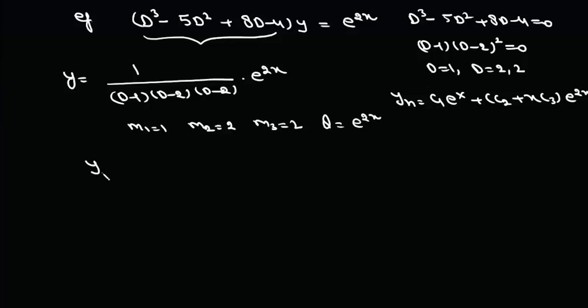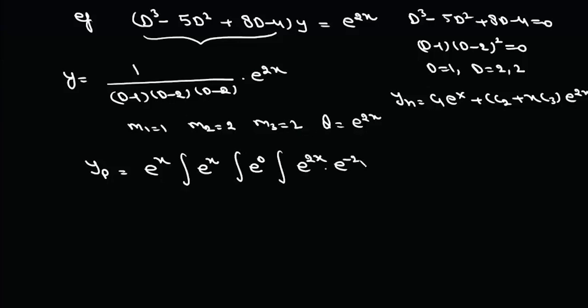Now we will write yp directly. It will be e to the power m1x. So it will be e to the power x, and then this integral e to the power m2 minus m1. So there will be e to the power x, and then this integral e to the power m3 minus m2. So there will be e to the power 0, and then q, e to the power 2x into e to the power minus m3x.